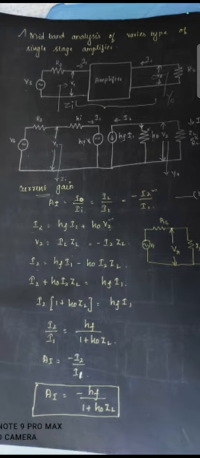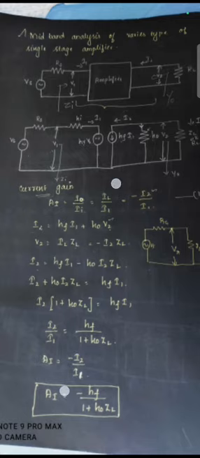Now apply this in the AI equation. I2 divided by I1 is equal to HF divided by 1 plus HO into ZL. The current gain AI is equal to minus I2 by I1. Directly you substitute and find the value. This is the way you will find the current gain.